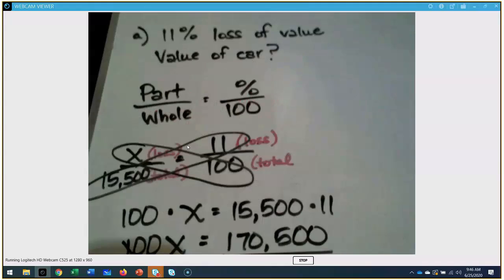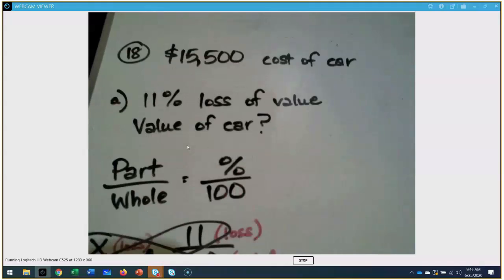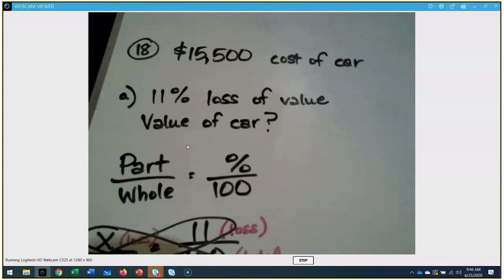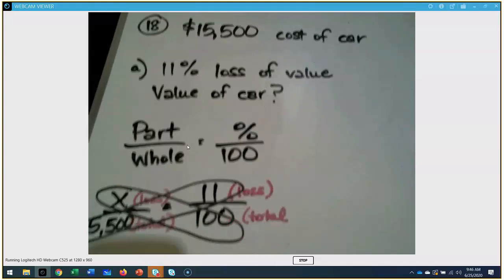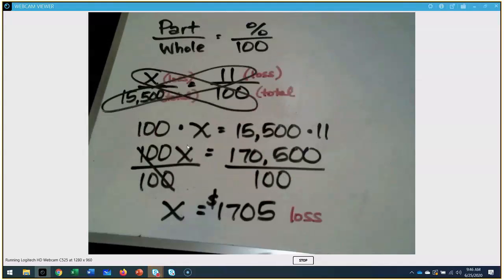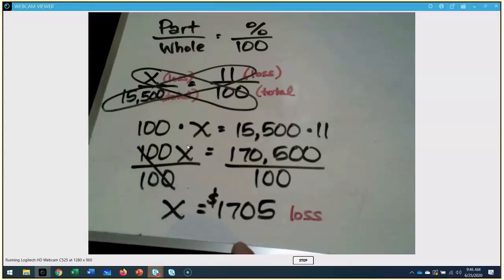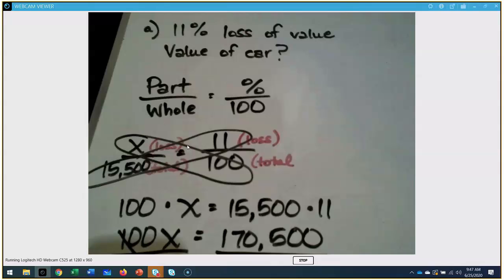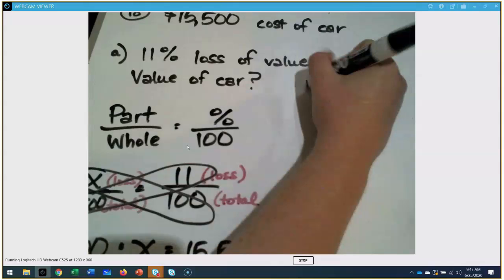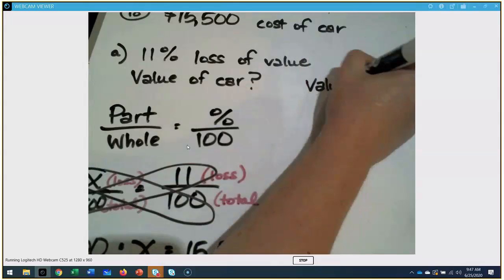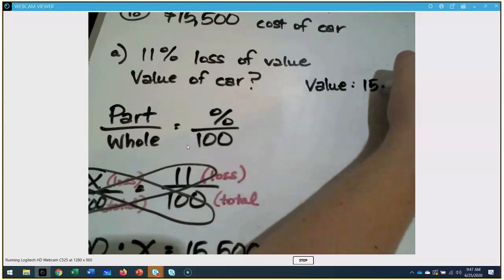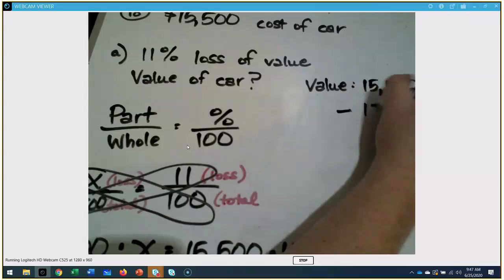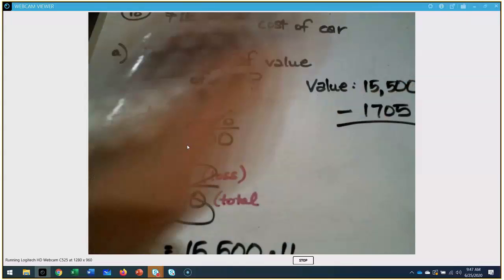The car, you purchased it for $15,500. After you drive it off the lot, it's not going to be worth $1,705. It's going to be worth a lot more than that. It's just going to lose that much. So the final value is going to be $15,500 minus $1,705.